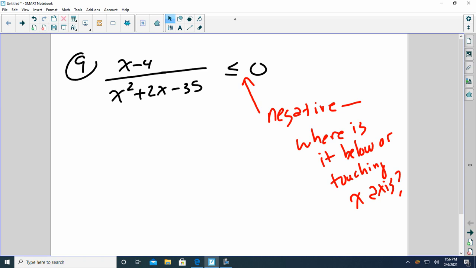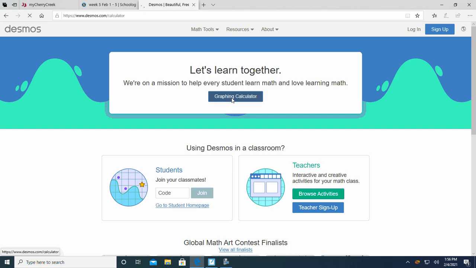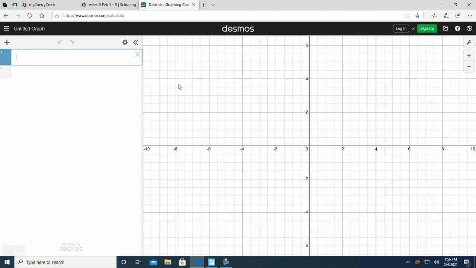So then what I would do with that is I would go over and bust out Desmos. Let's see, blank page, Desmos. Graphing calculator. So I'm going to get y equals, I'm going to put x minus 4 in parentheses because I want to put it over something.